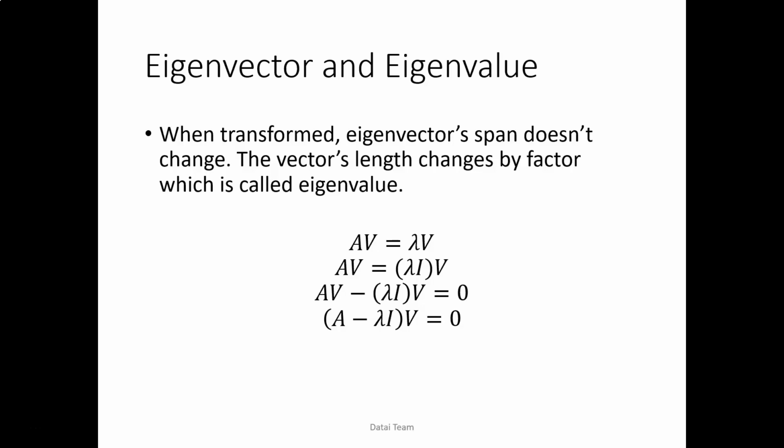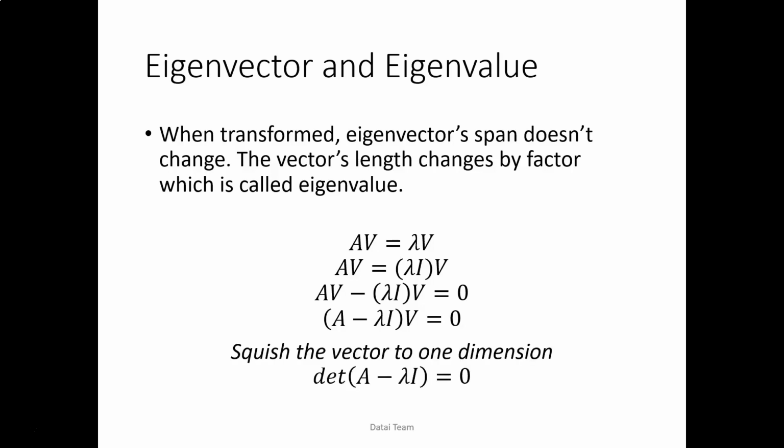And when you visualize this, it is the same as squishing a space into one dimension, the first one being A minus lambda identity matrix. And when we have only one dimension, a singular line, we know that the determinant is equal to 0 because we squish the space to one dimension.